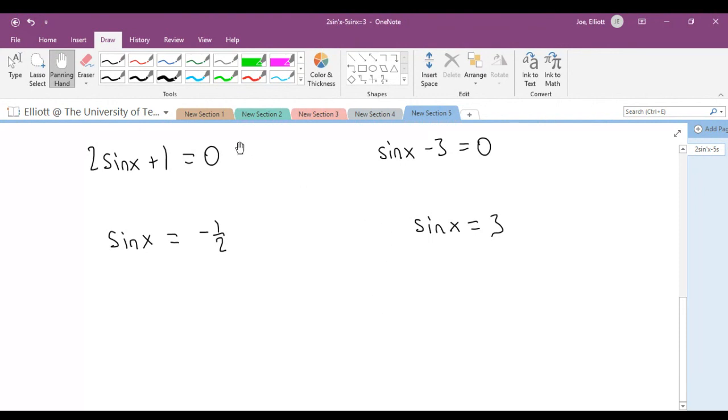Okay. So that's a little bit of a trick question because sine of x can never actually be equal to 3.